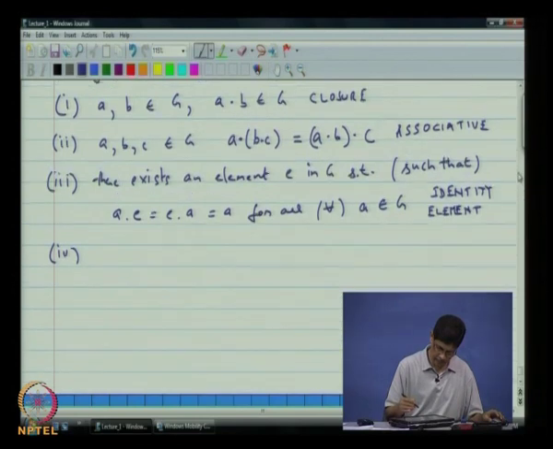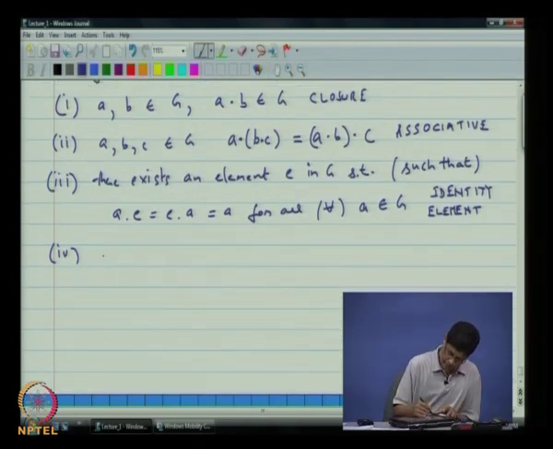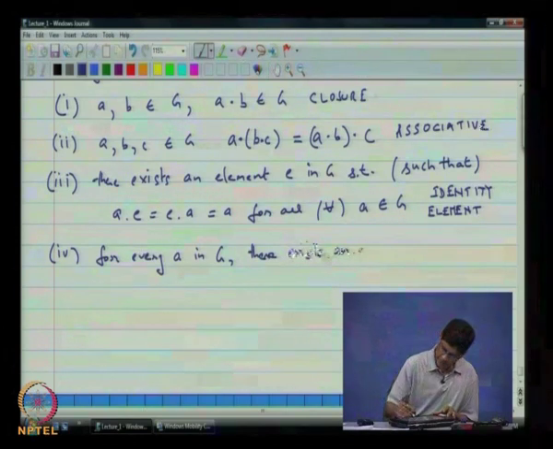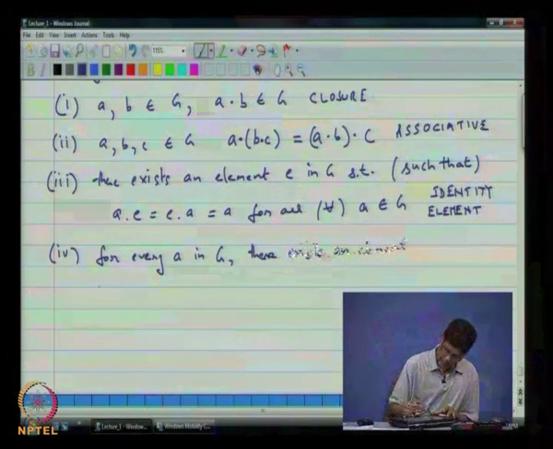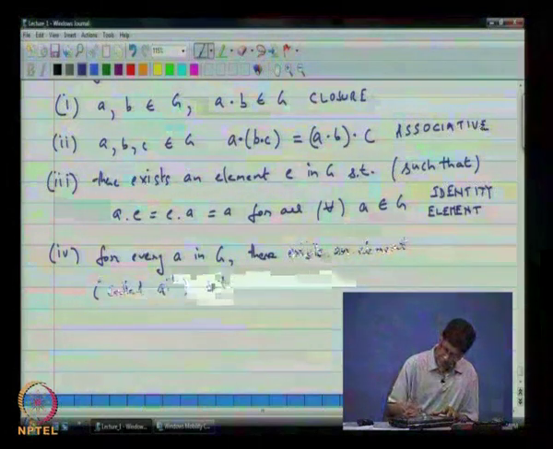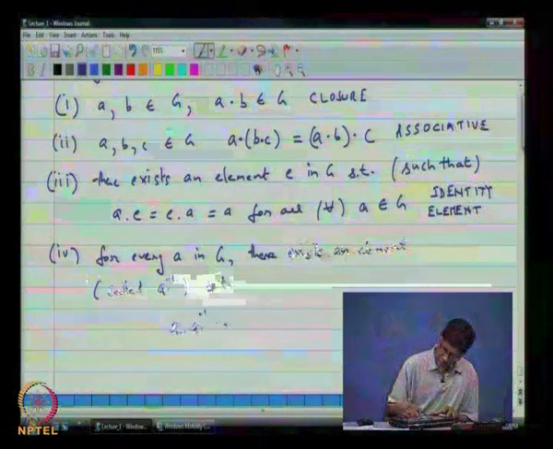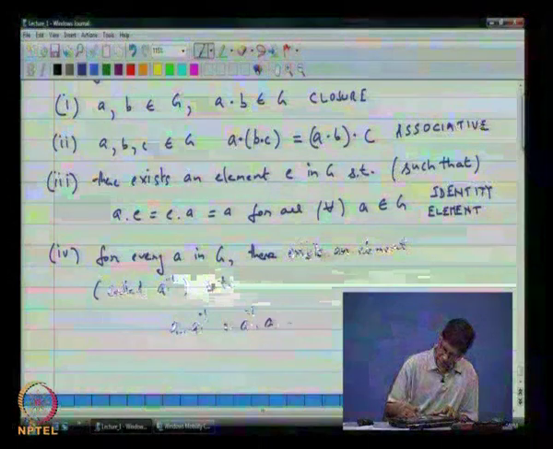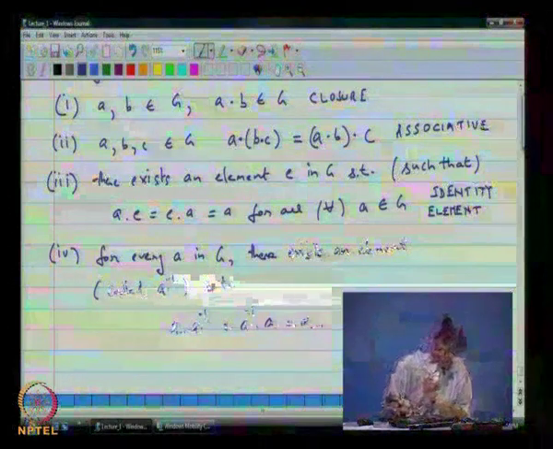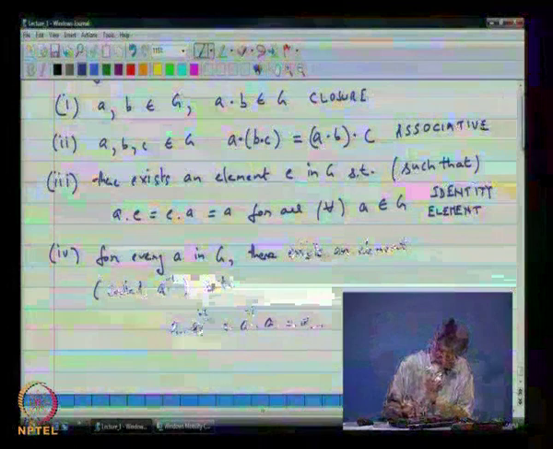The fourth axiom says that for every A in G, there exists an element which is called A inverse, such that A times A inverse is equal to A inverse times A is equal to E. And this is pronounced A inverse.